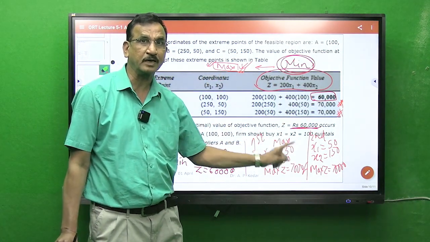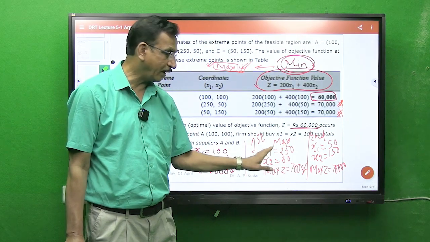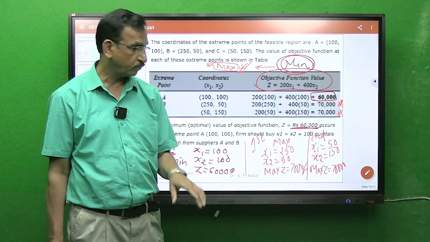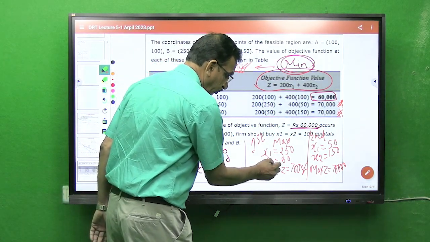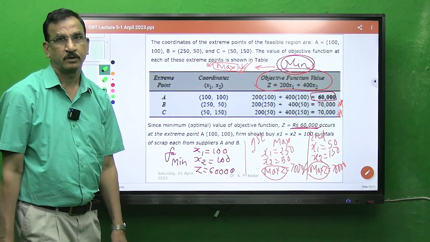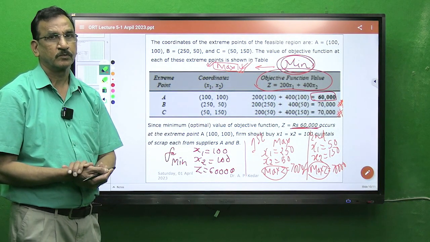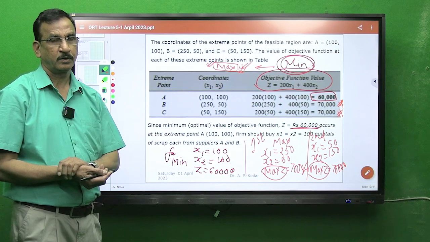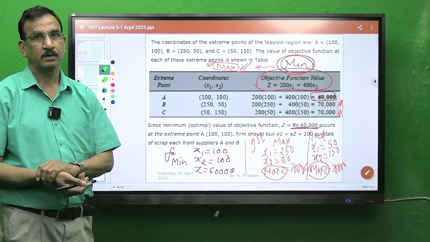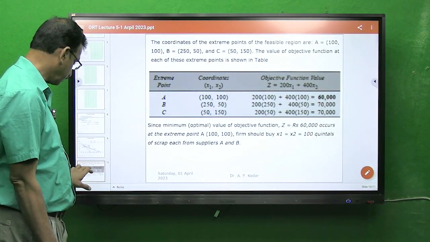Both answers are correct. Only the values of x1 and x2 are changing with final value of max z remaining same. So these are cases in real life. Now we'll see what are the other cases, how we tackle critical cases in linear programming graphical solution.